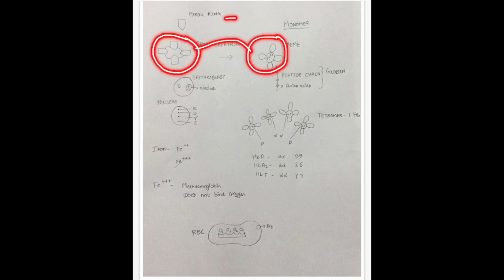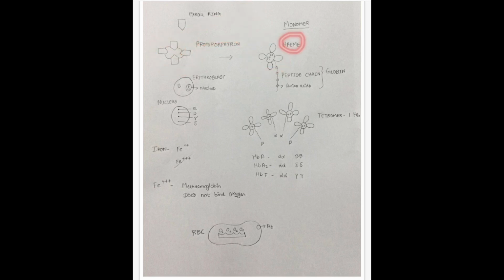When you add iron in the center of this protoporphyrin, that is Fe2+, it becomes heme. That is the heme part of hemoglobin. If you do not add iron in the center of protoporphyrin, it remains as protoporphyrin.